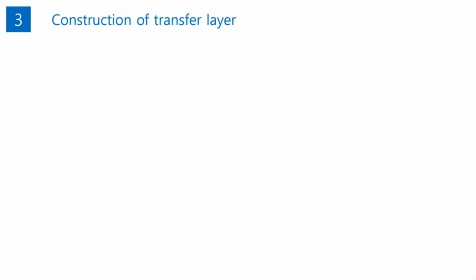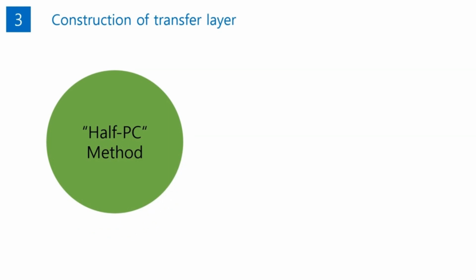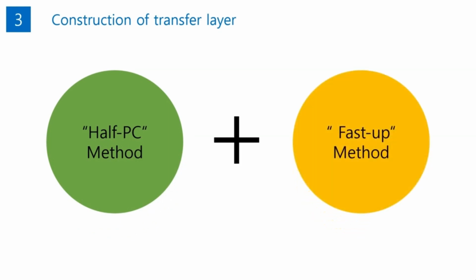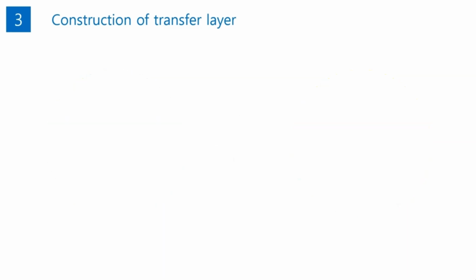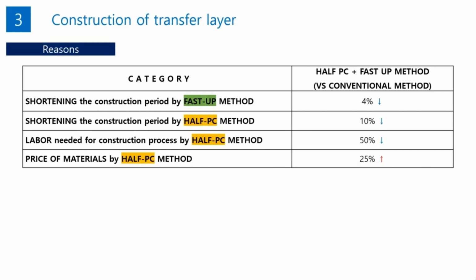When we reviewed the above methods, we thought that the best way is to combine the half-PC method and the fast-up method. The reasons are as follows. When we used the fast-up method, we found that the construction period of the two basement floors would be shortened by about 1 month.